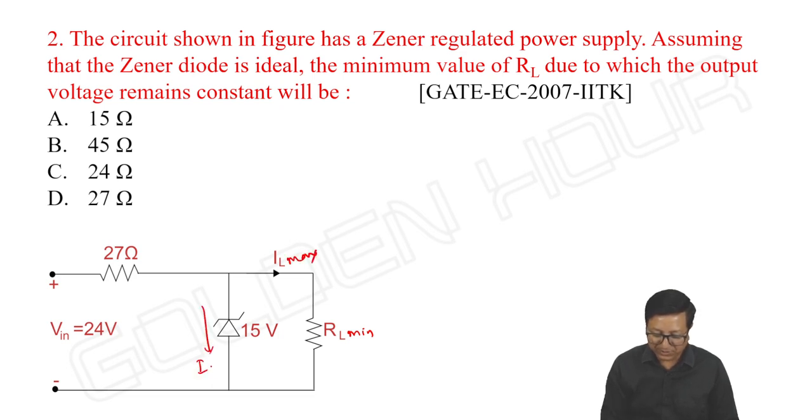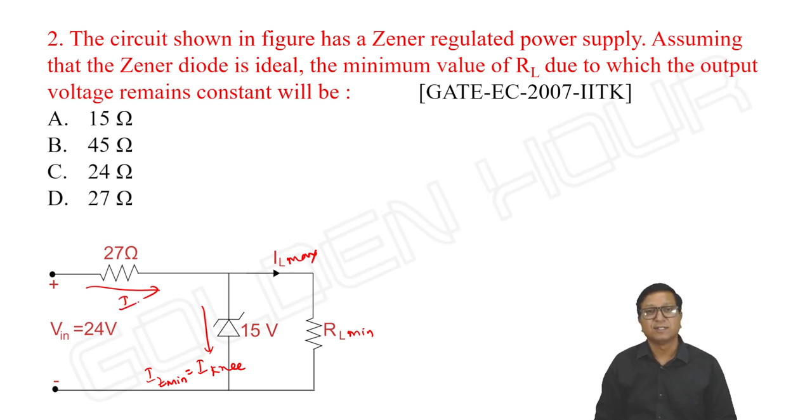And current through the Zener diode should be knee current, it is IZ minimum. This current I is anyway constant. They have not mentioned anything about IZ minimum, and hence you can assume the knee current is equal to 0. Very simple thing.